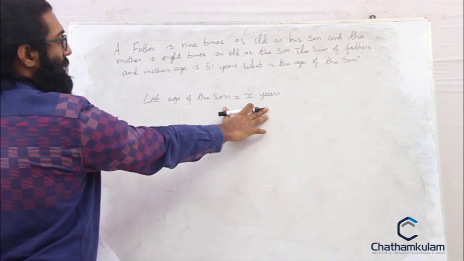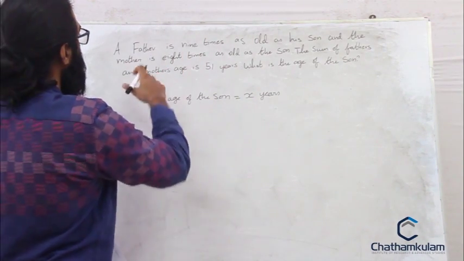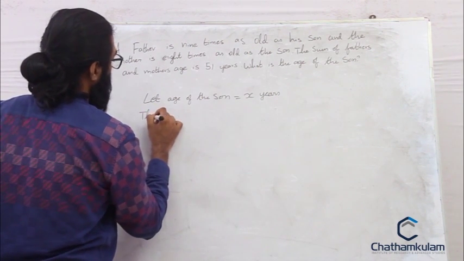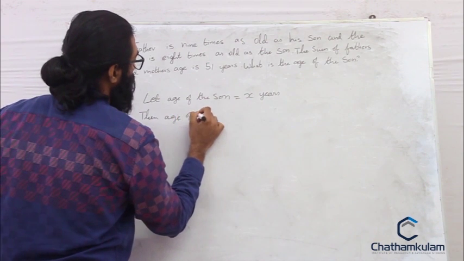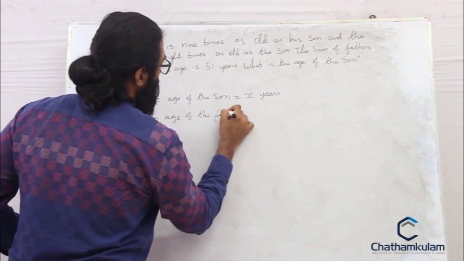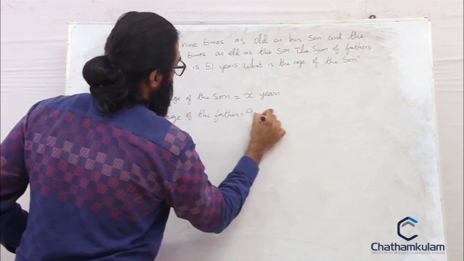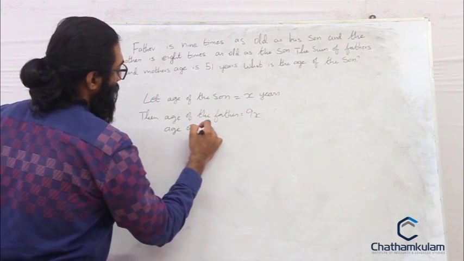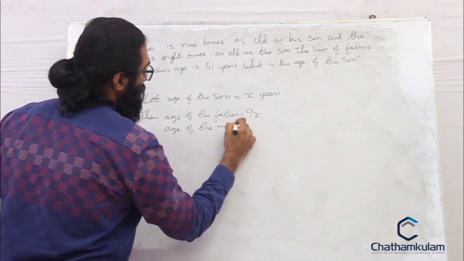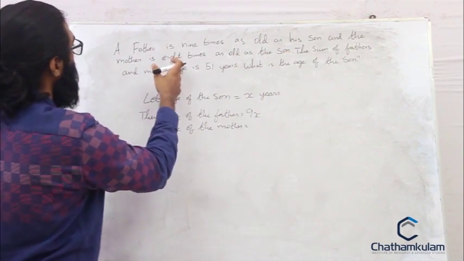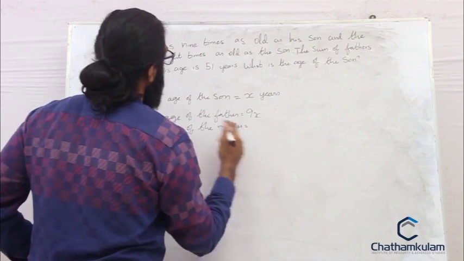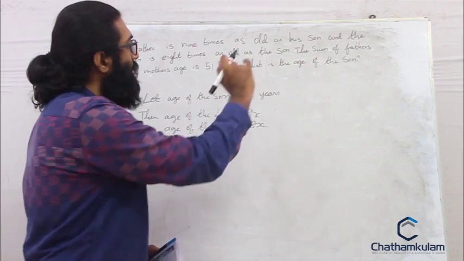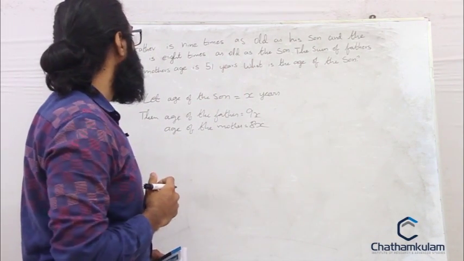If we take the age of the son as x years, then age of father is given as 9 times as old as his son. Then age of the father is equal to 9x, right? Therefore age of the mother is equal to what? 8 times as old as his son. So age of the mother is 8x, right? Also it's given in the question that the sum of the father's and mother's age is 51.